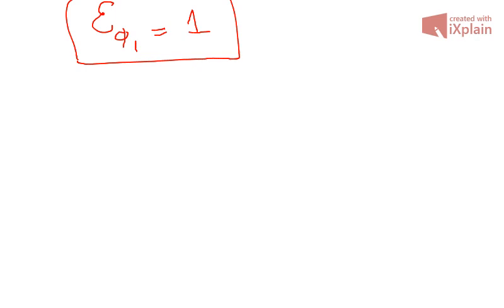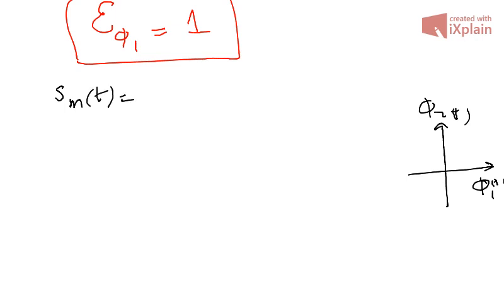Now when you get these orthonormal basis functions, with these orthonormal basis functions we can actually plot these two axes. We say, okay, this is our phi 1 of t, the first axis, and this is our second axis, right? And we can represent our signal as Sm of t. Let me write it for you, and then I'll explain.